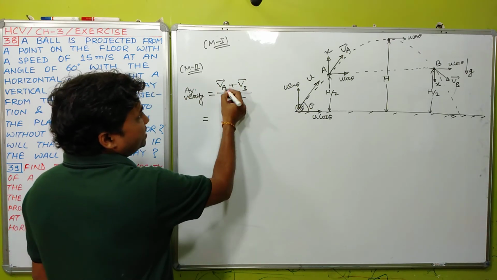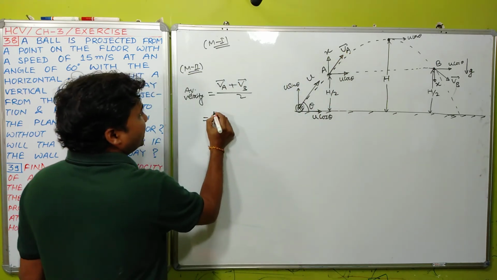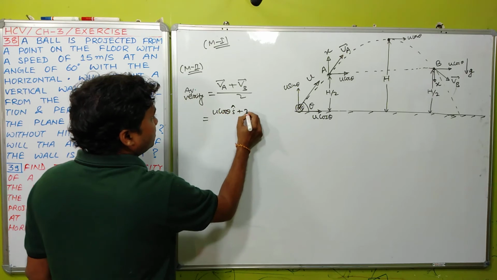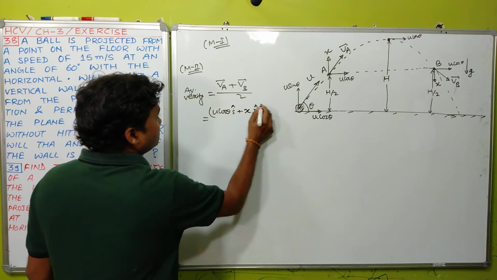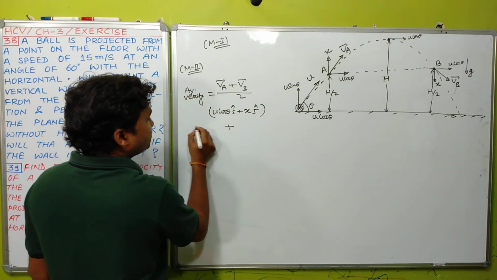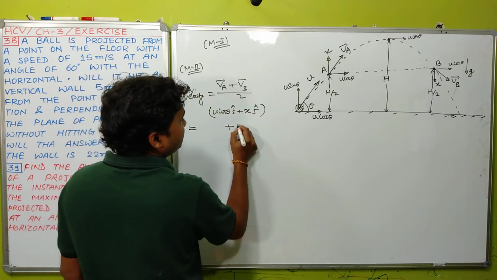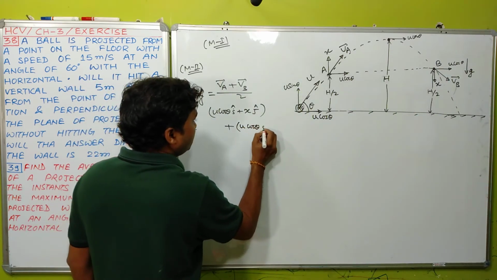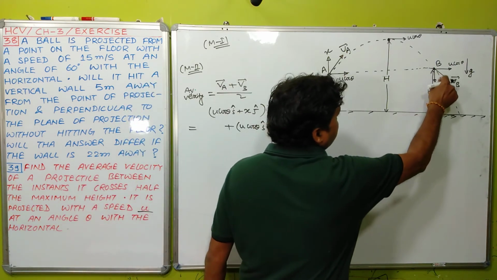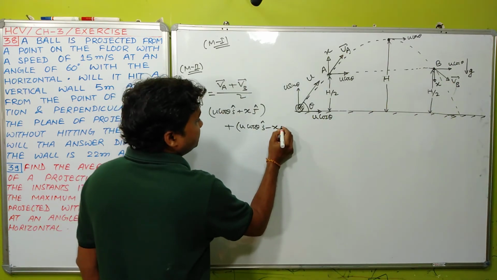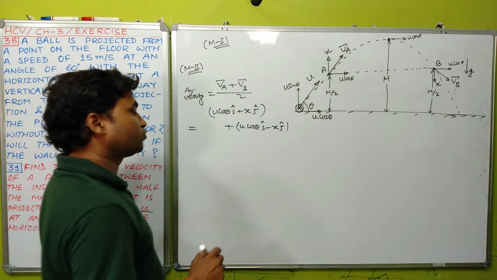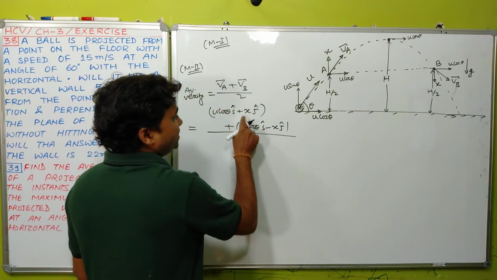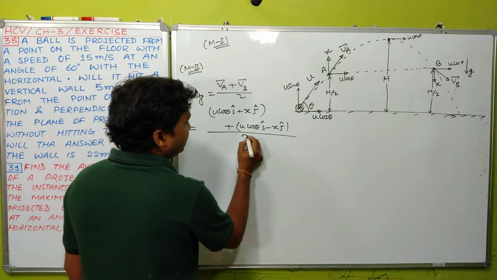Again, you can write va as u cos theta i plus x j. And vb will be u cos theta i minus x j, because the vertical component is in the downward direction, so we take a minus sign here, and a positive sign for va, all divided by 2.